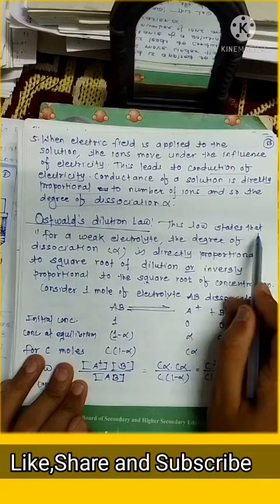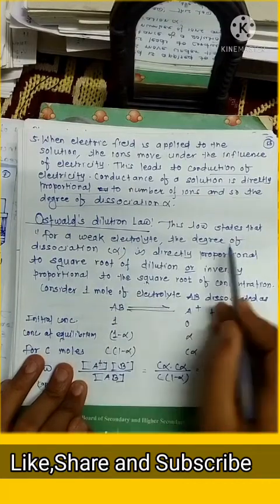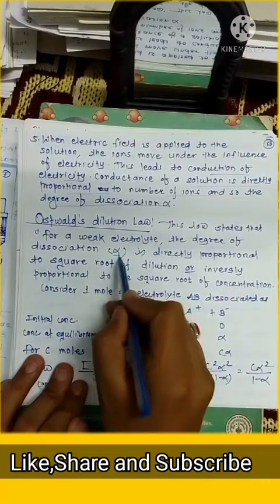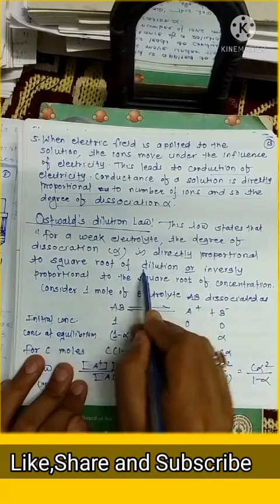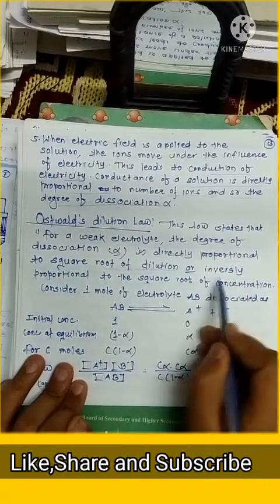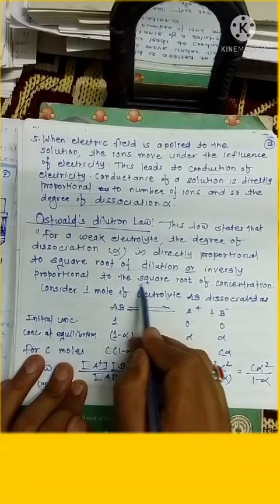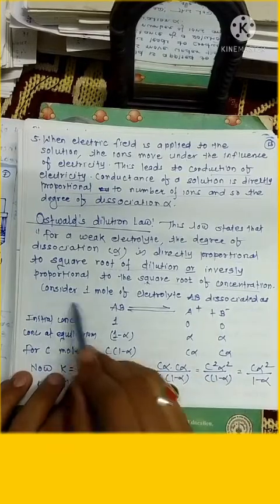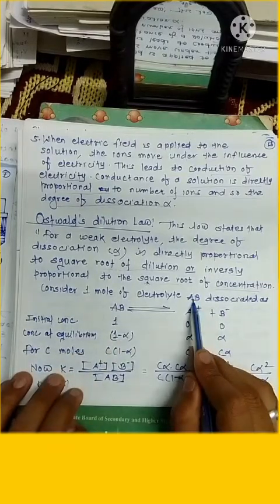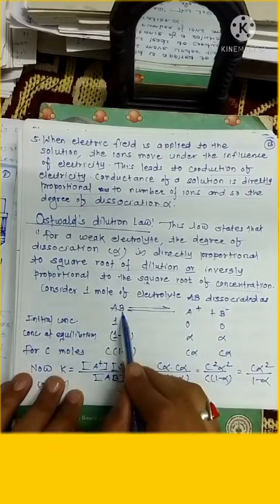This law states that for a weak electrolyte, the degree of dissociation alpha is directly proportional to the square root of dilution, or inversely proportional to the square root of concentration. So just consider 1 mole of electrolyte AB. So this is the reaction.